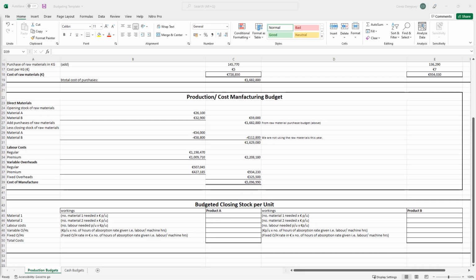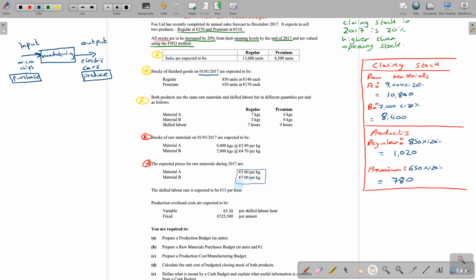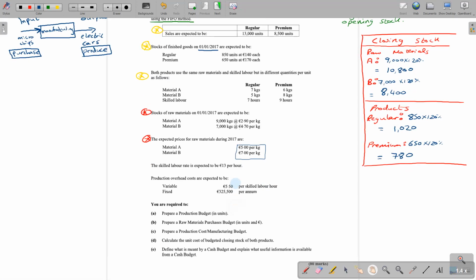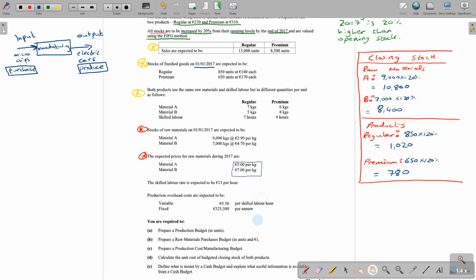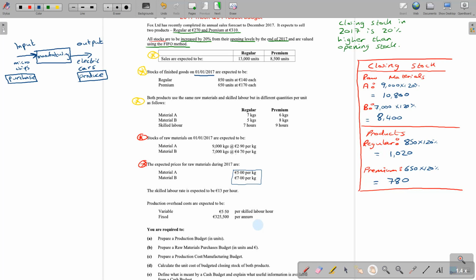So the very last bit before we get to theory is our budgeted closing stock per unit. This would always depend on how the question is asked. So we need to calculate the unit cost of budgeted closing stock for both products. How much will the unit cost on the 31st of the 12th, 2017?